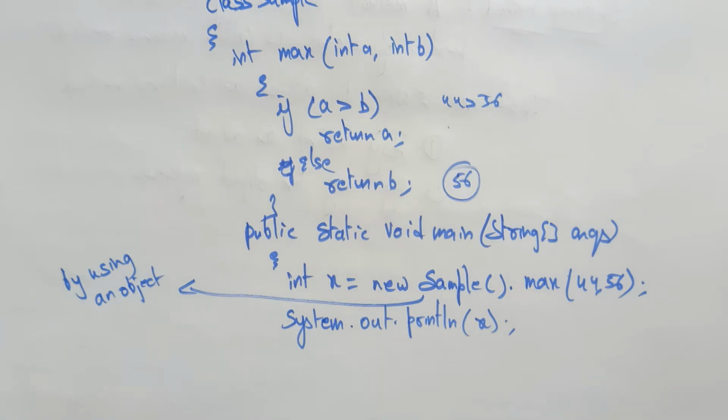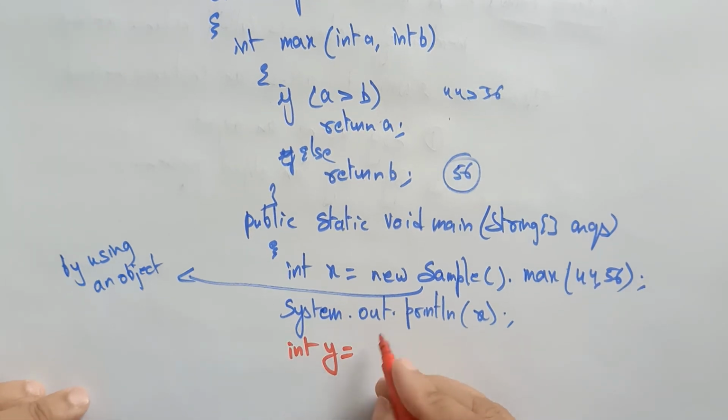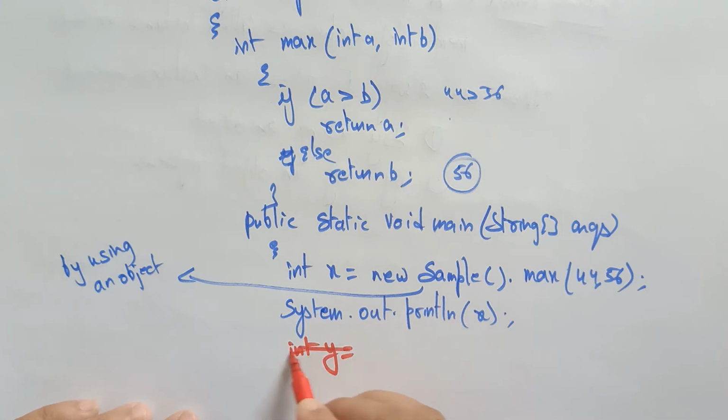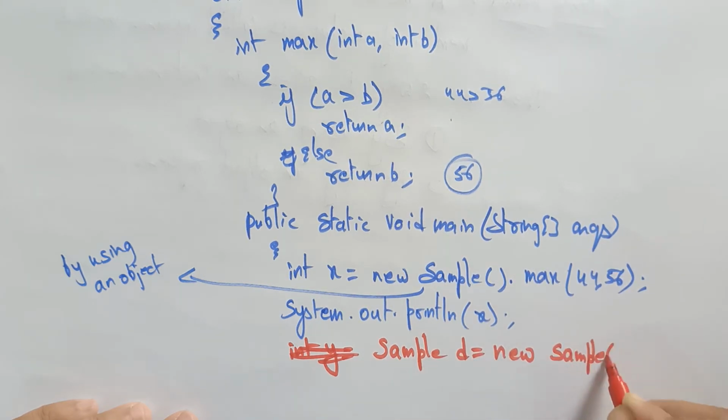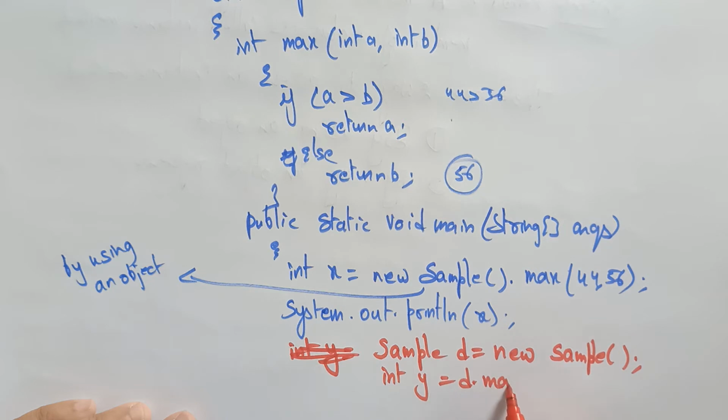And next, another way of calling this is by using object reference. So int y is equal to, so first let me create an object reference. Sample d is equal to new sample. Okay, and int y is equal to d dot maximum of 44 comma 56.